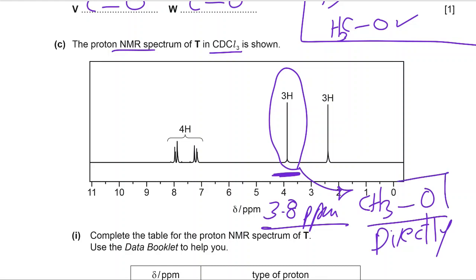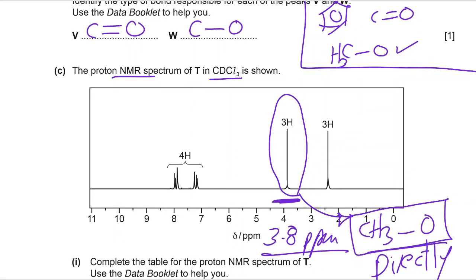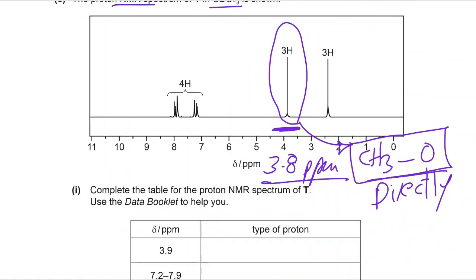So the compound has this group, which has been confirmed. So let's write it here. Type of proton: alkyl hydrogens bonded to oxygen.